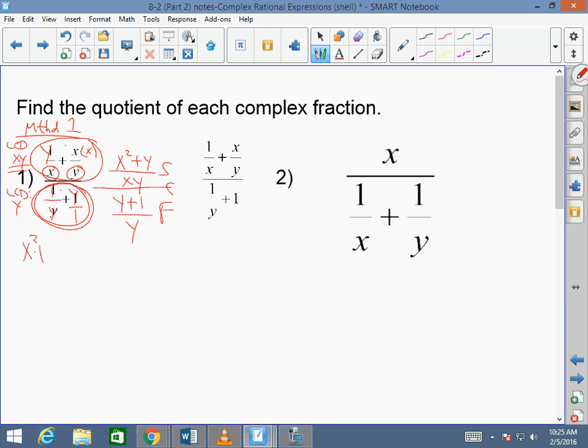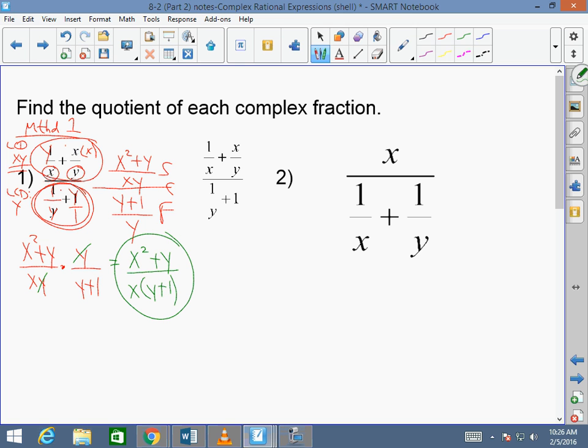So stay, change, flip. So here, my y and my y can go bye-bye, and I'm left with x squared plus y over x times y plus 1. I'm done.